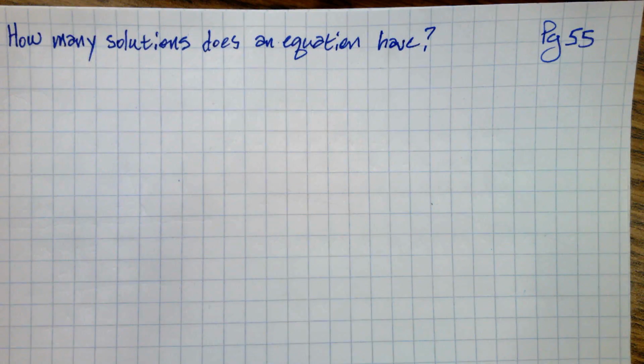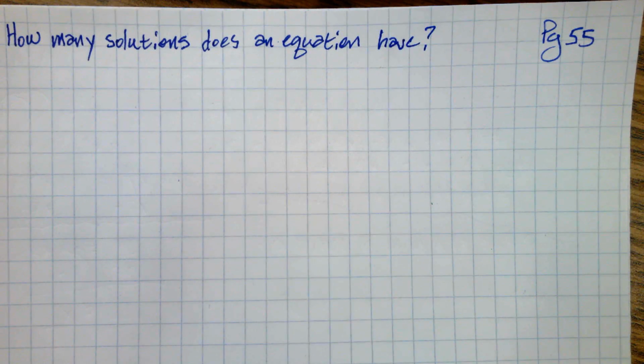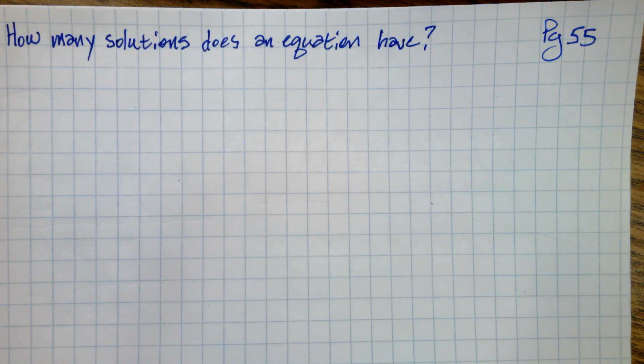So it turns out that when you have a one variable equation, like the type we've been solving, there's three possibilities. So let's write that down. One variable equations have three possible outcomes.